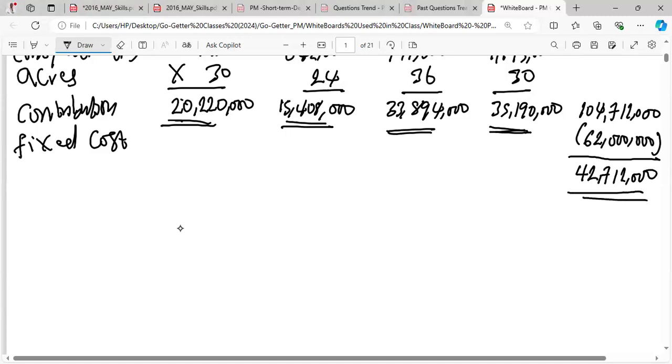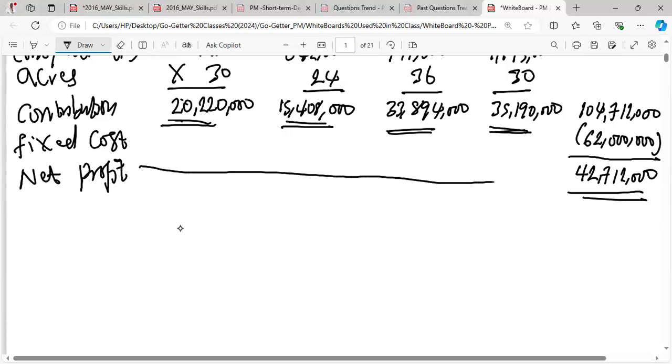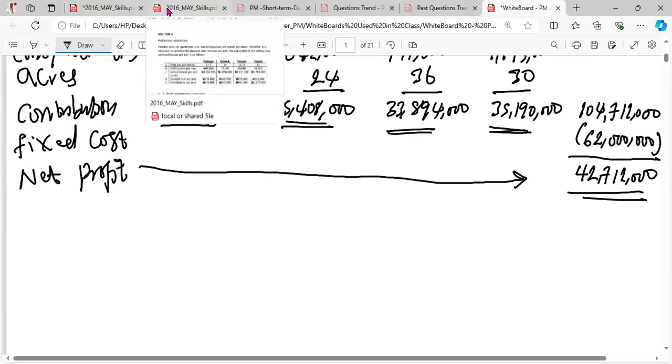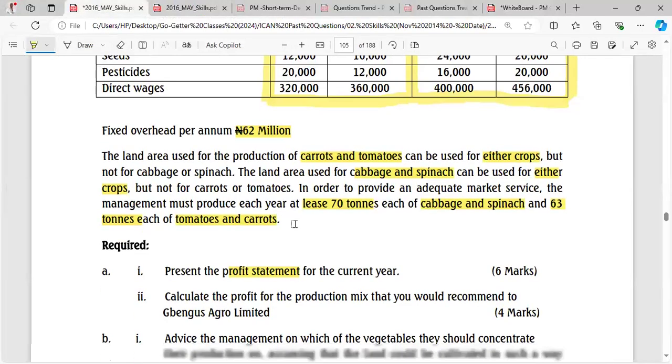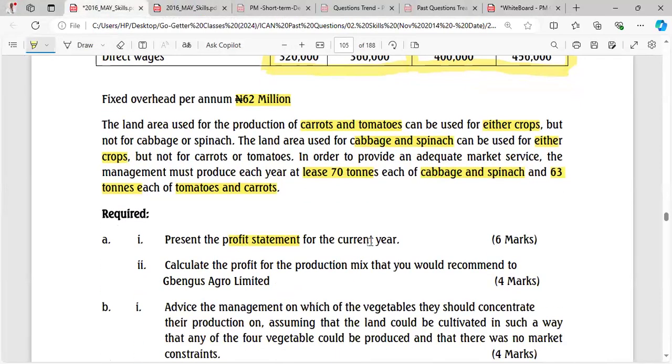So this happens to be our net profit. So with this now, you have done your profit statement. That's your answer to the first part of the question that asked for the profit statement for the current year. Now, this is just 6 marks.